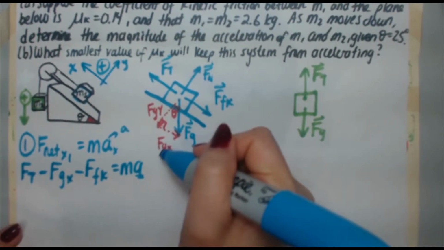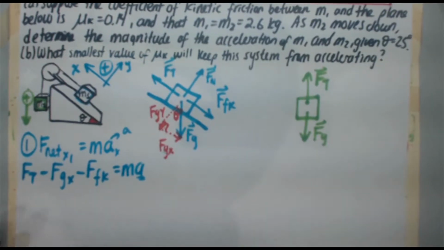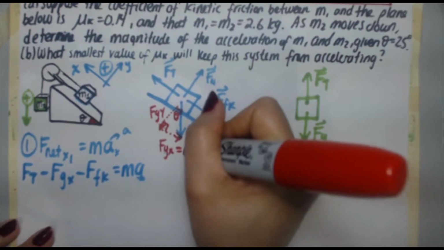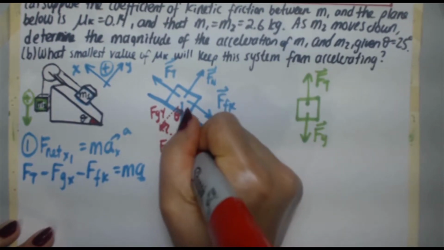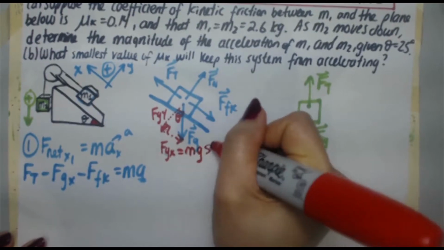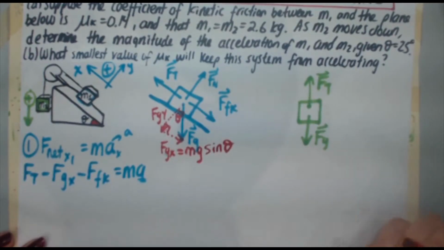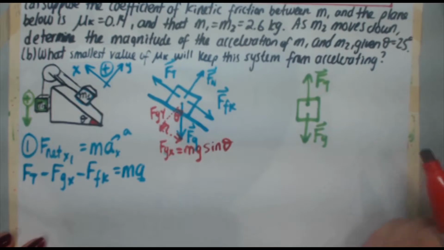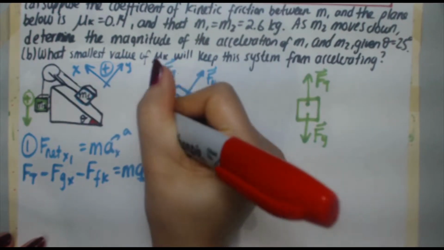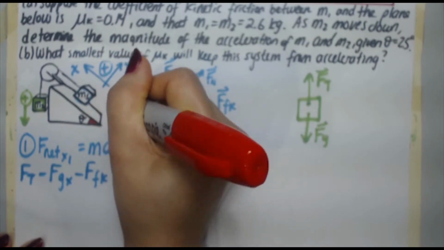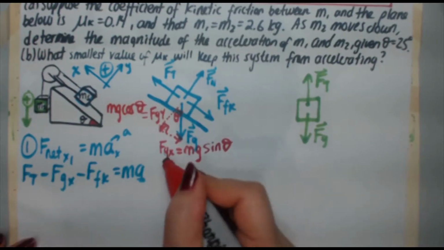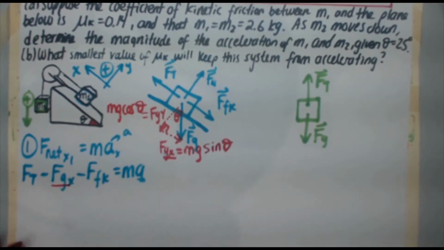So for Fgx, what we can say is that Fgx is equal to the hypotenuse, which is Fg, also known as mg, times the sine of the angle, because it's opposite theta. So Fgx is mg sine theta. Likewise, Fgy is going to be mg cosine theta. So just have that there so you can always reference it. I'm going to need this one right here to sub it in.